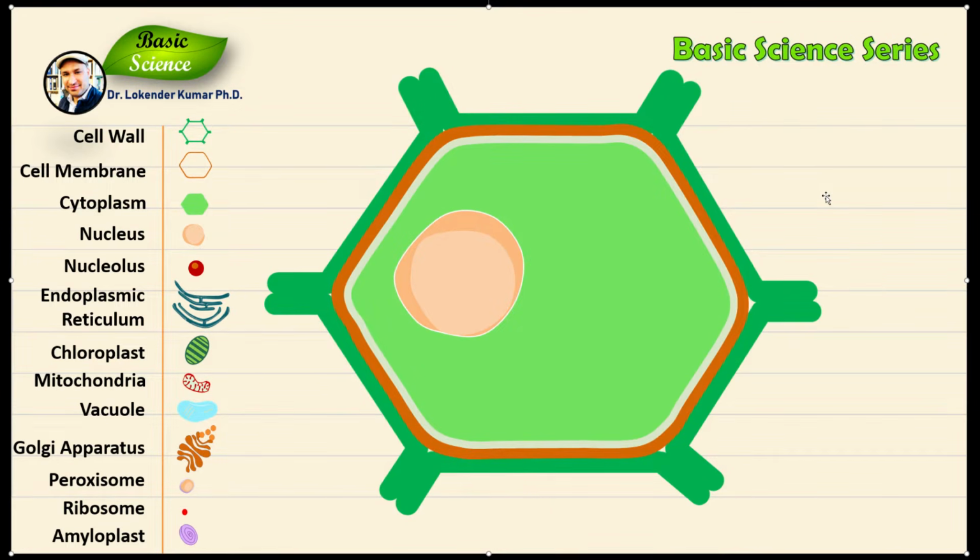An interesting fact: in some human cells you have no nucleus, meaning the nucleus is completely absent, for example in RBCs, and some cells contain many nuclei, for example osteoclasts. In the nucleus, the genetic material is in a compact form. The compact form of the genetic material is chromosomes, and chromosomes are basically DNA plus histones, and we will discuss all those detailed components of these organelles in our future videos.